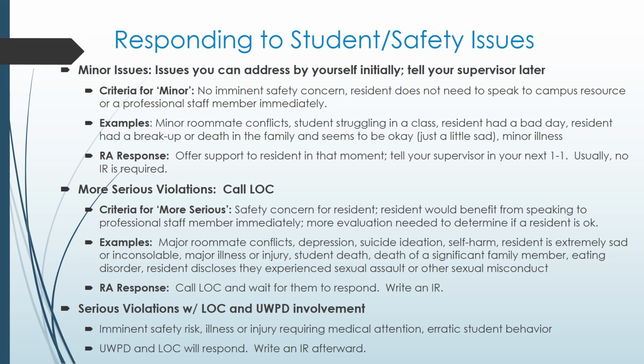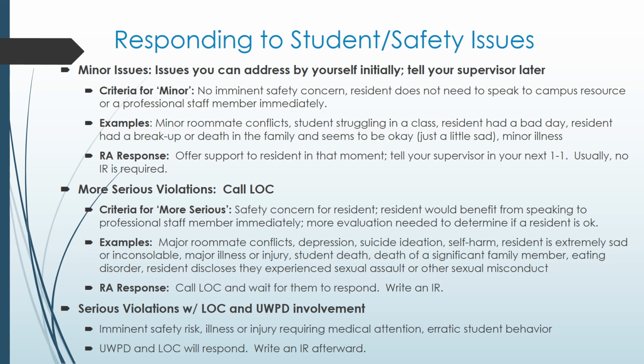Also, we would do that process for any illness or injury requiring medical attention. So, let's say you're addressing an alcohol situation and someone needs to be evaluated because they've had too much to drink and they're vomiting, or they might not be conscious, or someone is bleeding. If they need to go to the hospital or they need to be looked at by a paramedic or EMS, then we want to call UWPD and they will get the right resources involved.